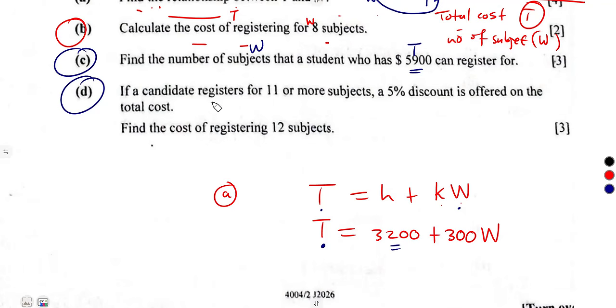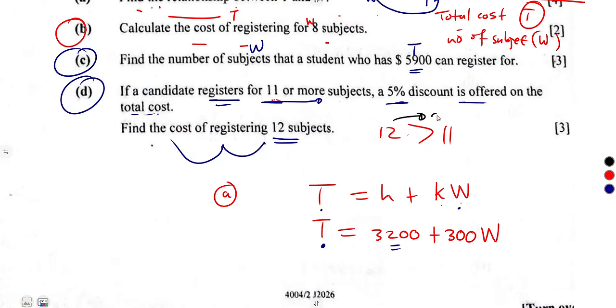Then on D: if a candidate registers 11 or more subjects, a 5% discount is offered on the total cost. Find the cost of registering 12 subjects. So 12 subjects is greater than 11. Once you've got something that is greater than or equal to 11, you obtain a discount. So here, a discount was offered.